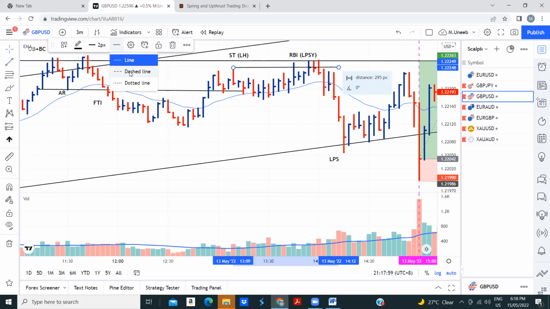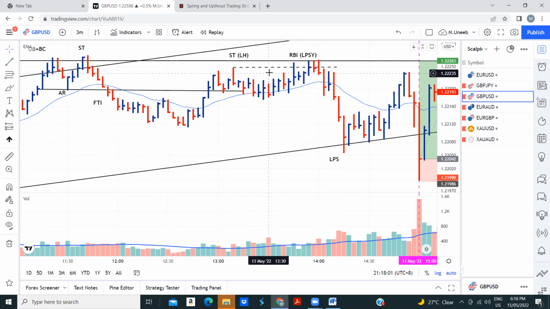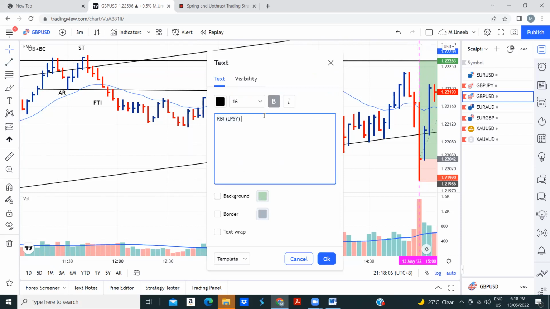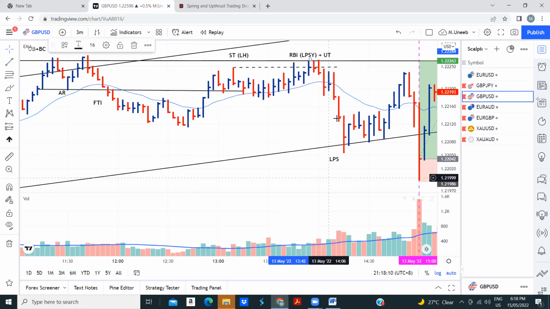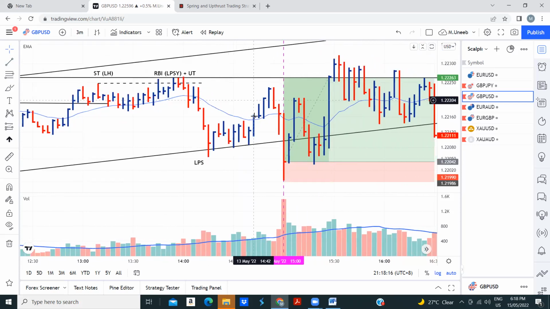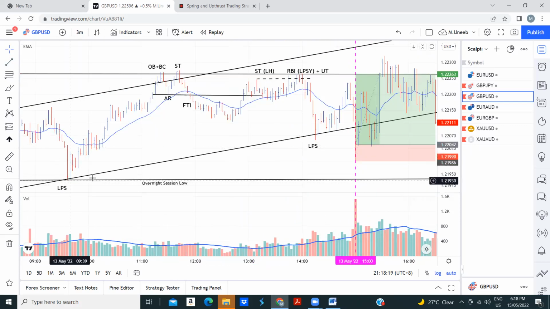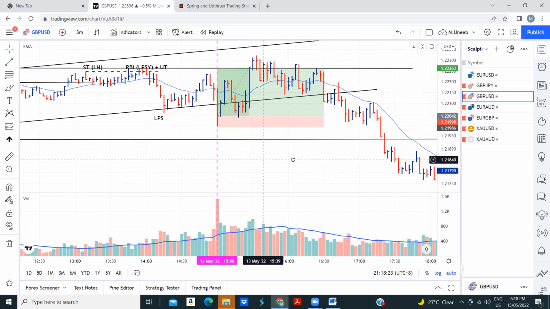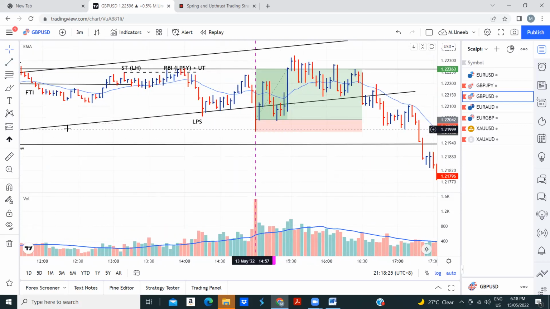And we can just make it dotted here. Can you do like this? This is RBI plus this has also a characteristic of UT. So this is both RBI and UT up first. And then we go again, and here we have LPS from accumulation, of course. We know that. What is this?